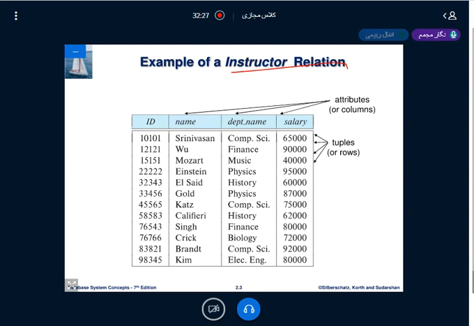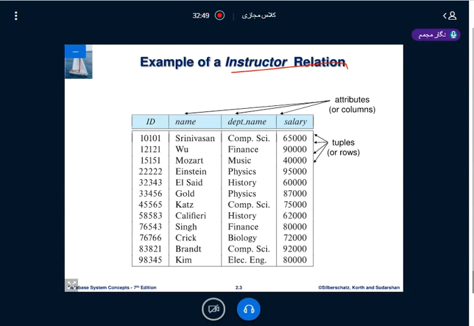This course is advanced database concepts. Then I think you know the basics of the database. You know something, and you know the primary topics of the database.